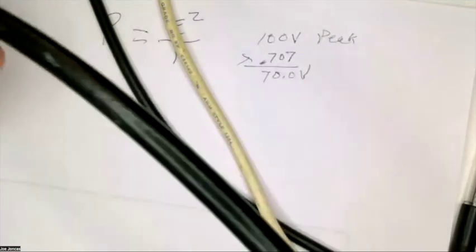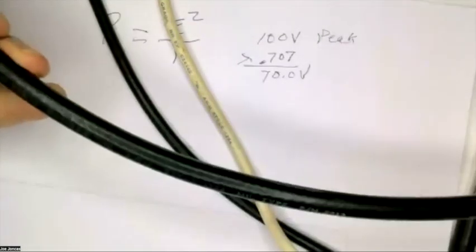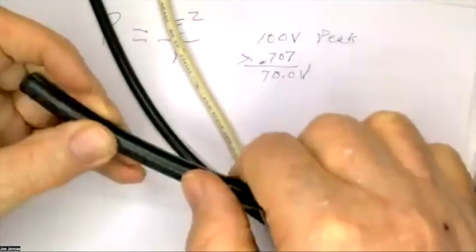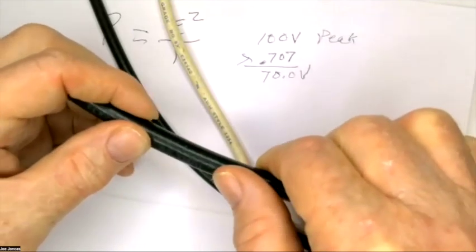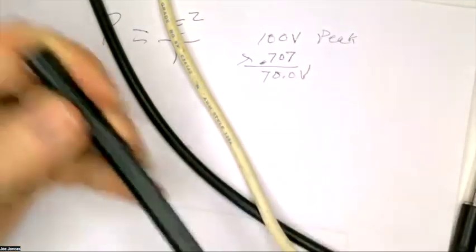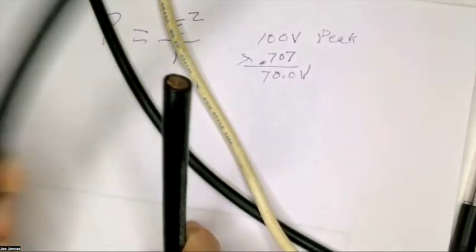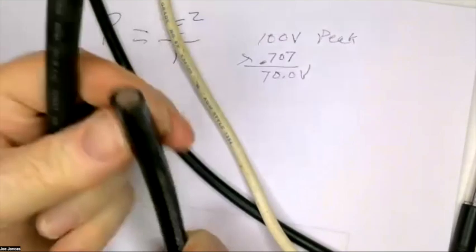Is this 213? 213. Oh, maybe. No, I found it right here. That's really hard to read. Anyway, it says RG213/U. Now this is a little better quality than RG8, and it gives a little bit better characteristics.